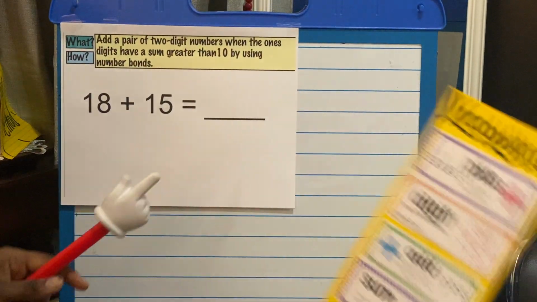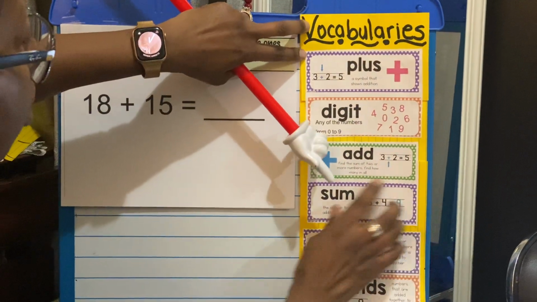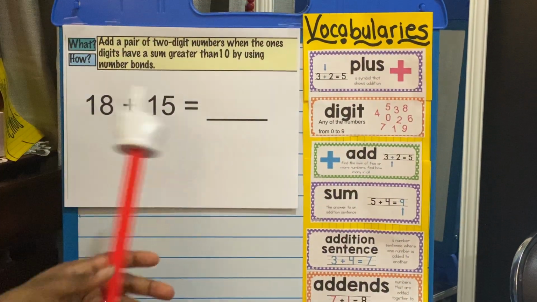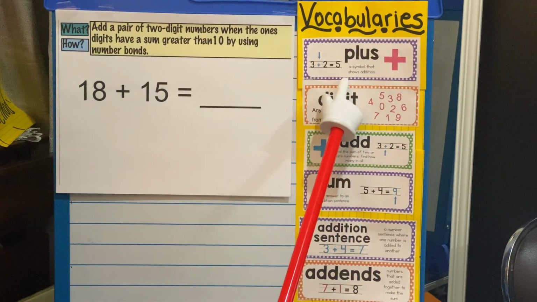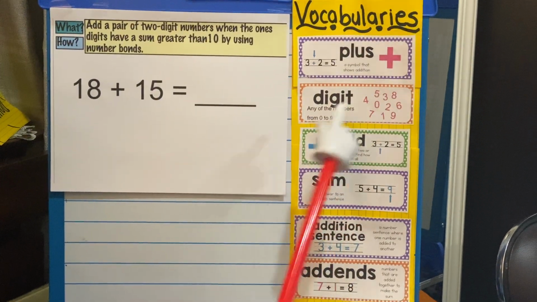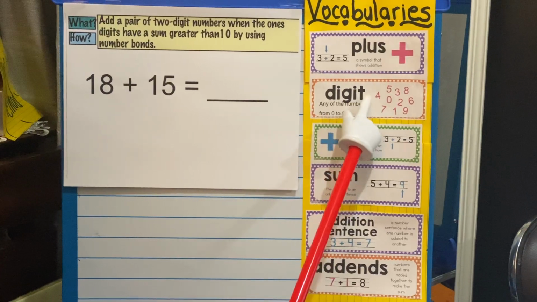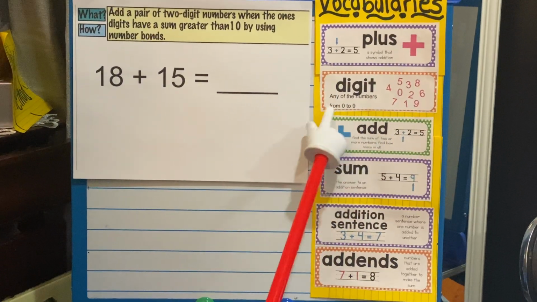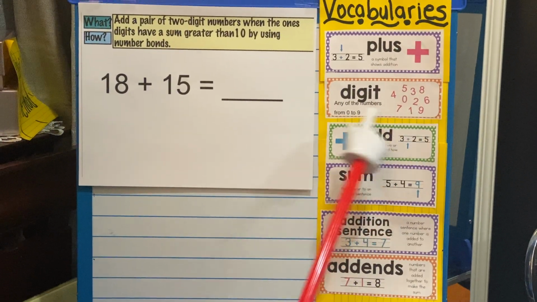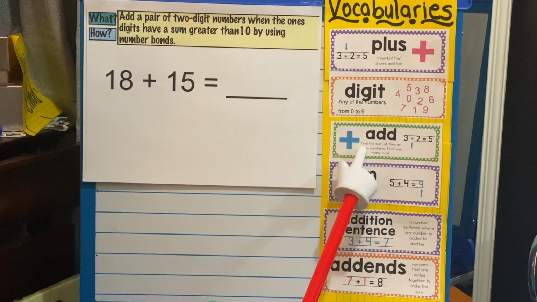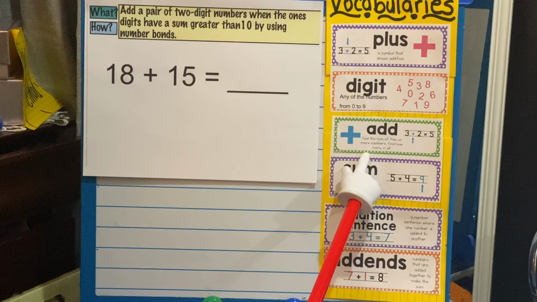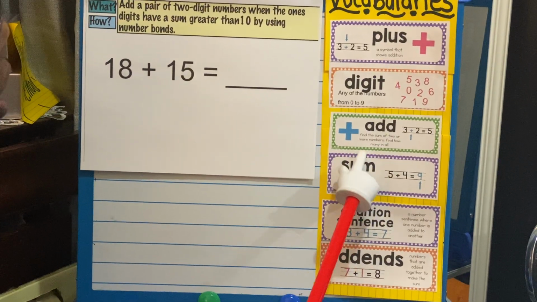Let's do a quick review of our vocabulary words. We have the word plus, a symbol that shows addition. We have the word digit, any of the numbers from 0 to 9. We have the word add, which is finding the sum of 2 or more numbers or finding how many are in all.